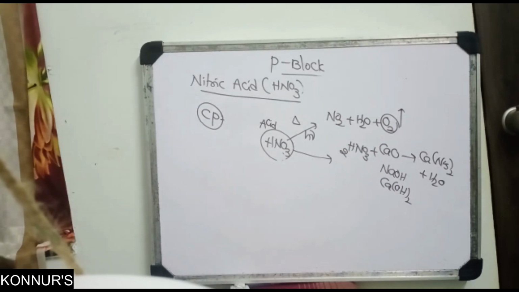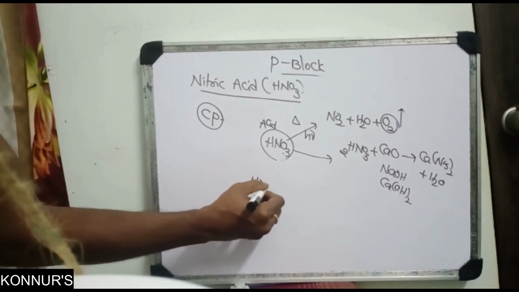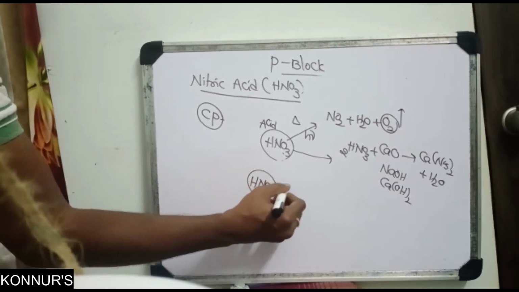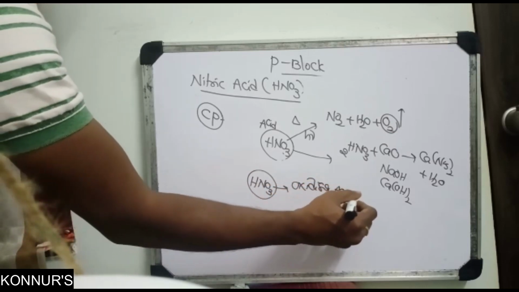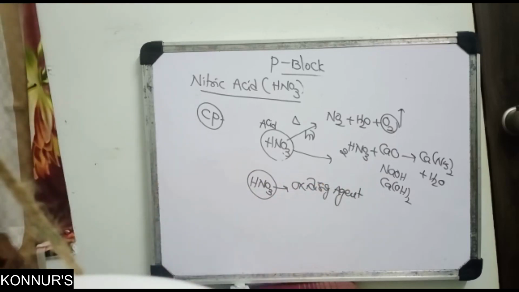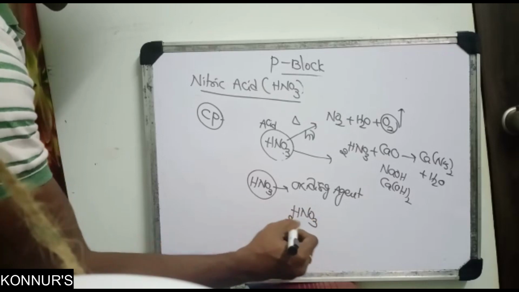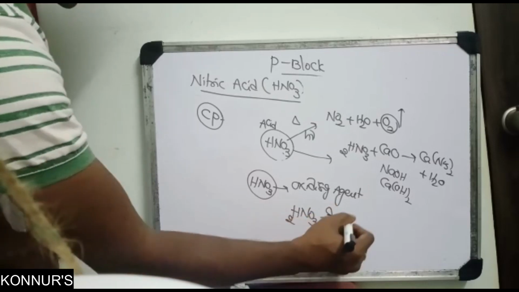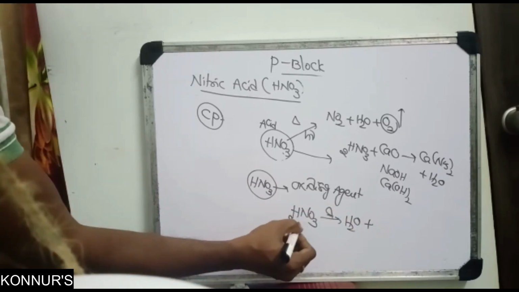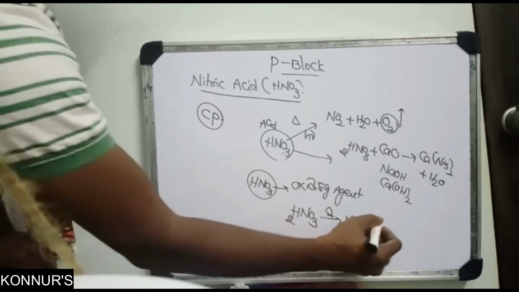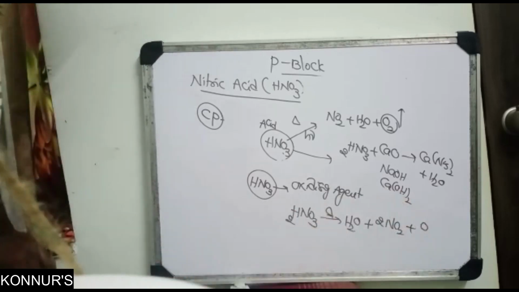Next, it is acting as what? An oxidizing agent. So HNO3 acting as an oxidizing agent. In what way will it show oxidizing behavior? You take HNO3 and heat this one. So heating means H2O is going outside. Next, remaining is N2O5. So I am writing 2NO2 plus a single oxygen is coming.